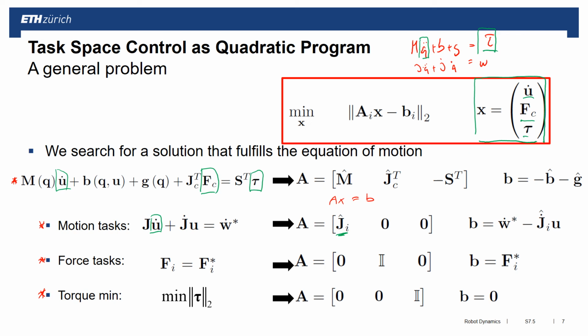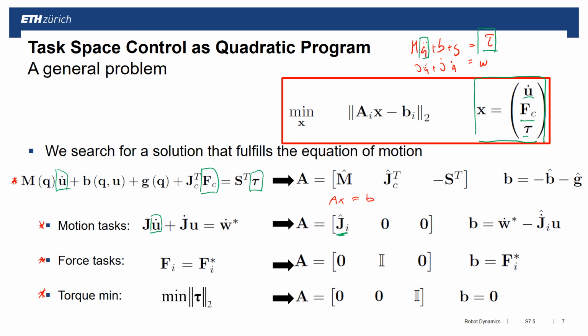So what that means is that very complex control problems, like, for example, I want to move my end effector while moving the base, while ensuring contact constraints, while minimizing the joint torque of an n-dimensional humanoid system, can simply be written as a set of quadratic programs.